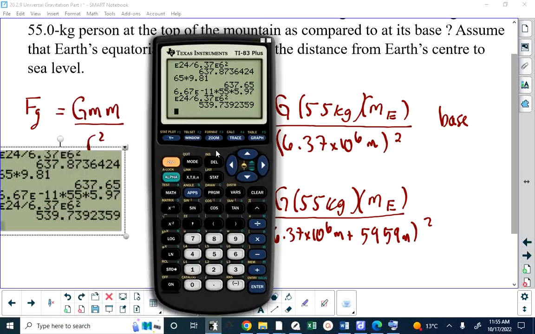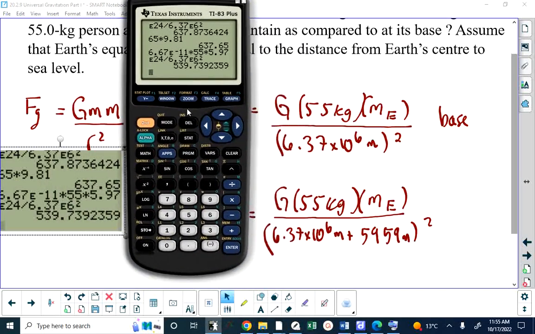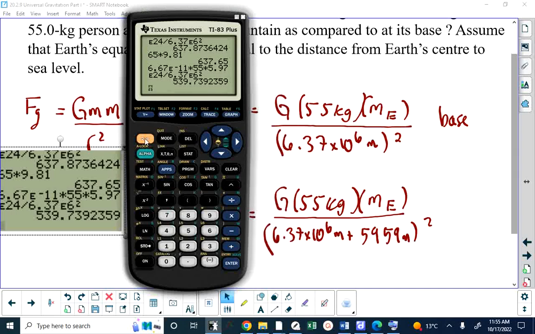If I do the same thing at the top, I'm just going to repeat the calculation, but look how I have to enter this. I do need a set of brackets on the bottom because I'm going to add that 6.37 times 10 to the 6 plus the 59, and then square it. Did I get that number right? 5,959 meters?